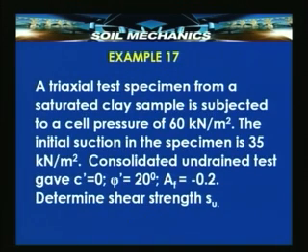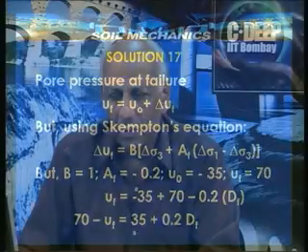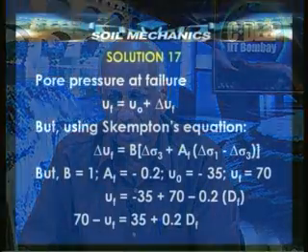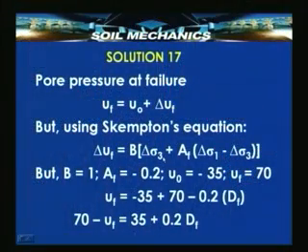Let us take a look at the problem again before we go further. So, now we know that UF has to be equal to this initial pore pressure, minus 35, plus 70 minus 0.2 into the deviatoric stress dF, or 70 minus the final pore pressure is 35 plus 0.2 dF.